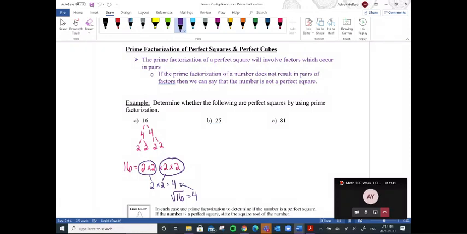Okay, if we look at 25, I can break that down into 5 times 5, which is a perfect pair.